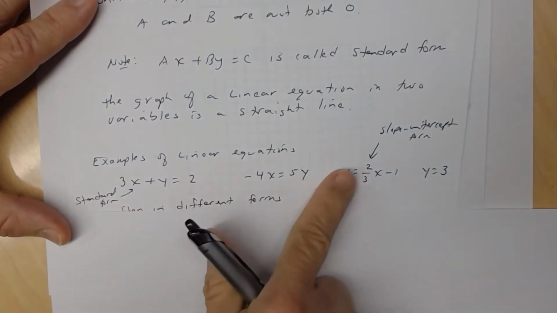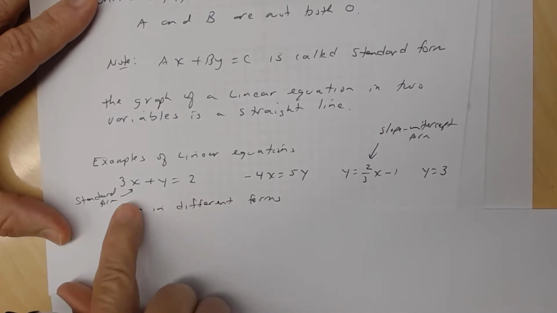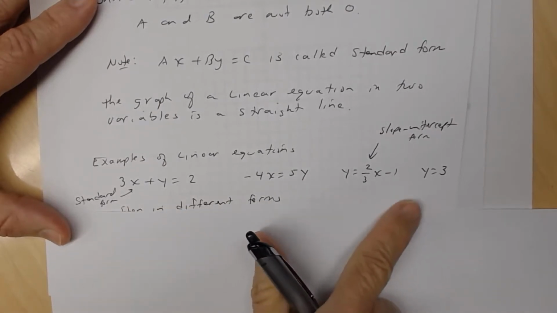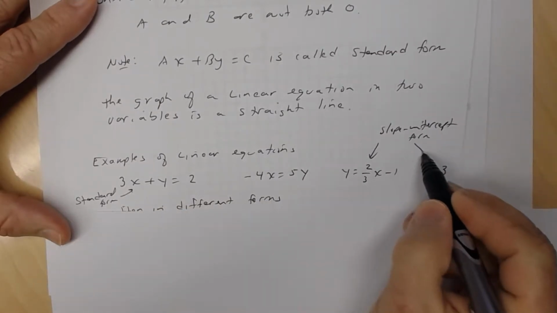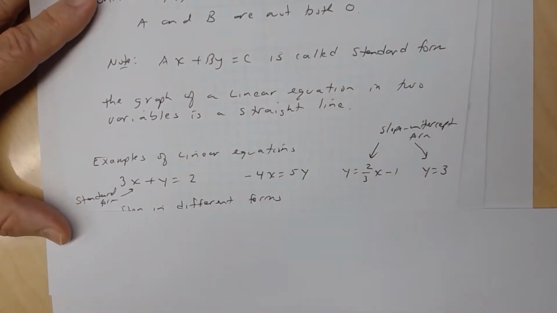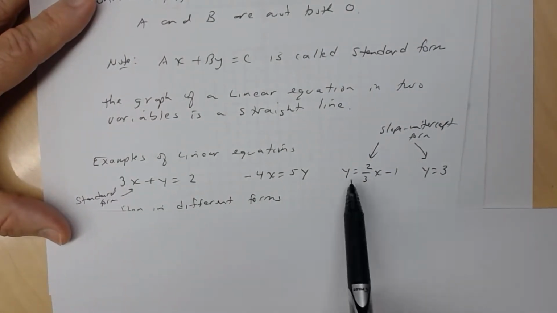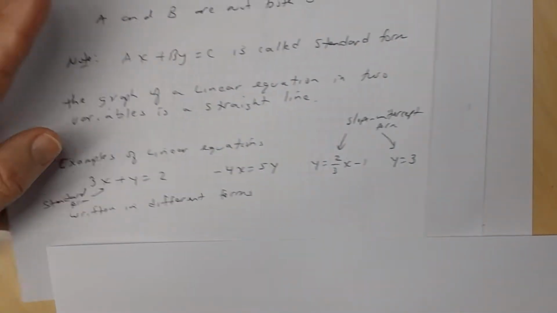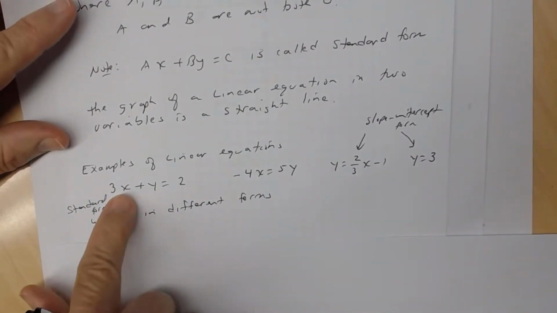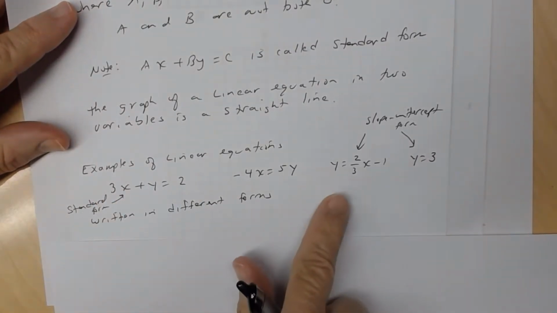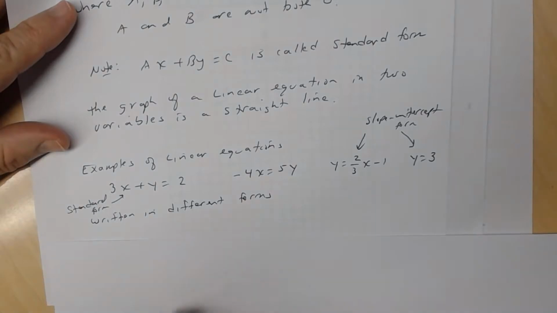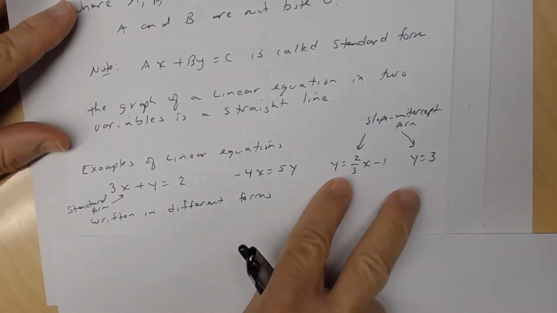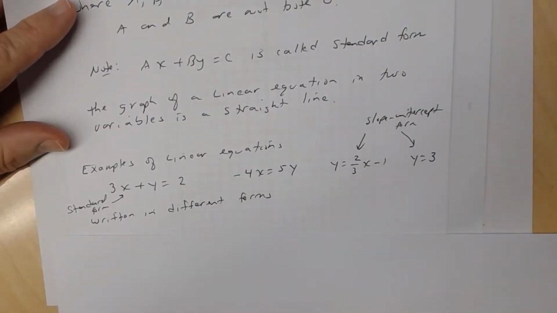So this is slope-intercept form. This is standard form, and by the way, this right here is also in slope-intercept form as well. Whenever you get y by itself, you've written it in slope-intercept form, and that's going to be the next lesson. So all these are written in different forms, but again, this is the only one that's in standard form. Whenever y is by itself, that's slope-intercept form, and that does mean something in the next lesson.